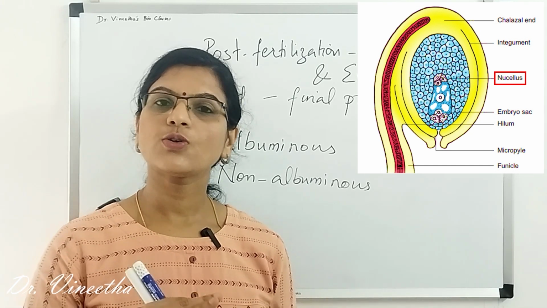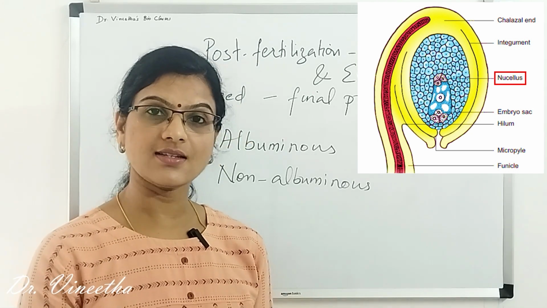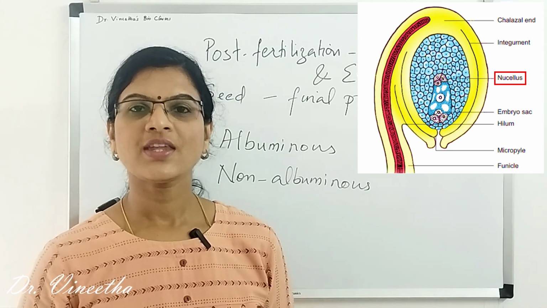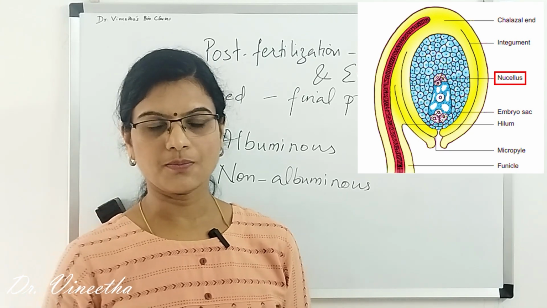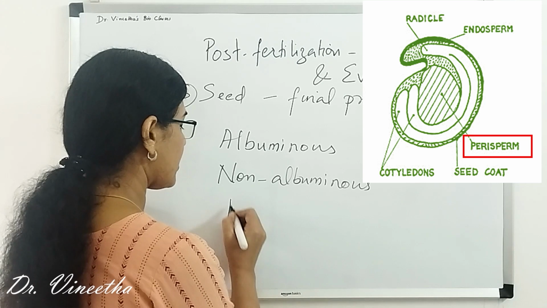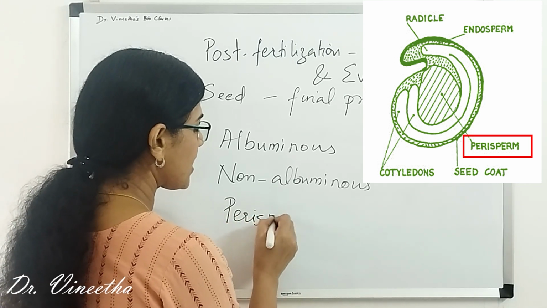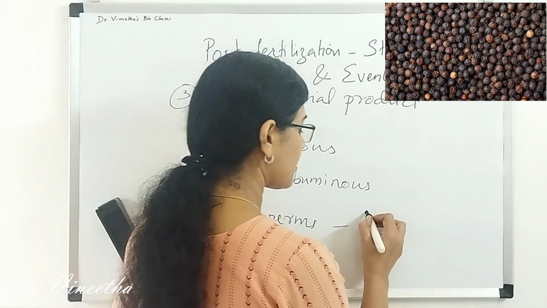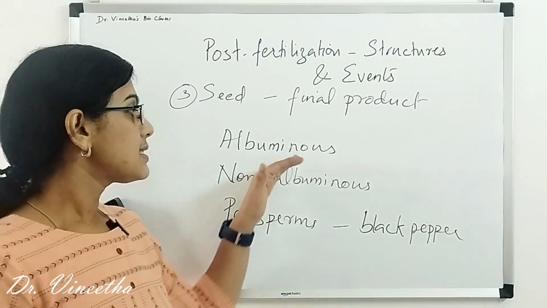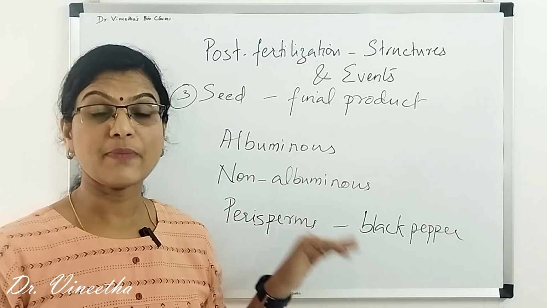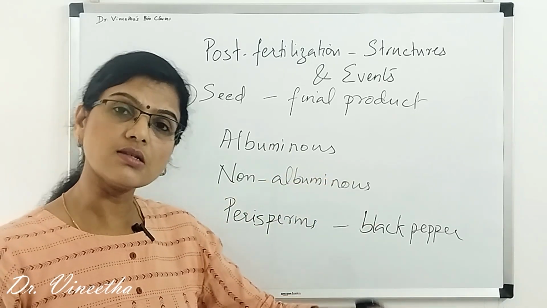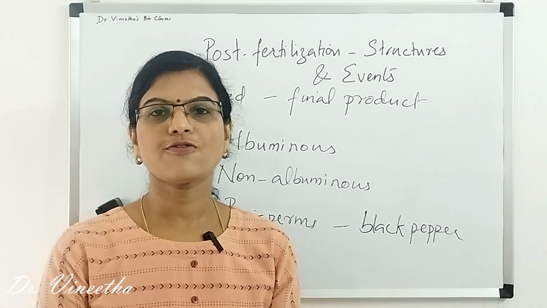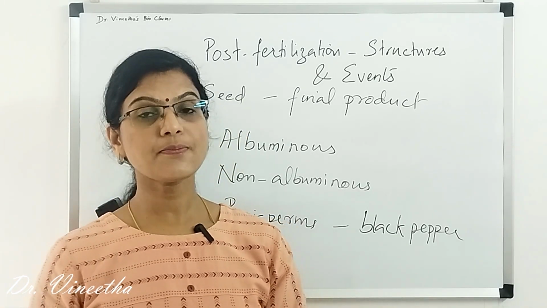Some remnants of this nucellus will be retained in some seeds, and that is known as perisperm. So there are seeds which have perisperm in them, and an example is black pepper. These are the two main types of mature seeds, albuminous or non-albuminous. There is another type which has the remnants of the nucellus in it, known as perisperm.